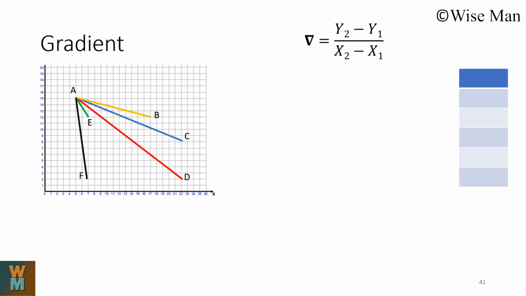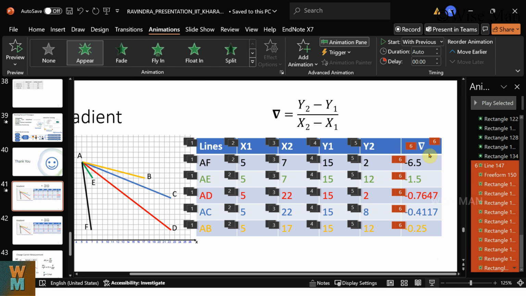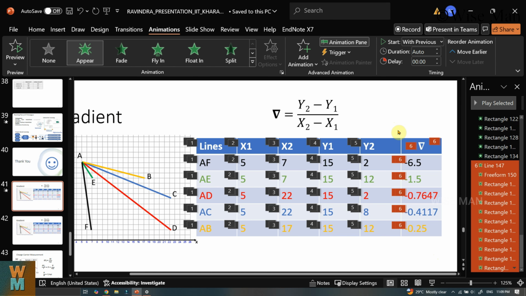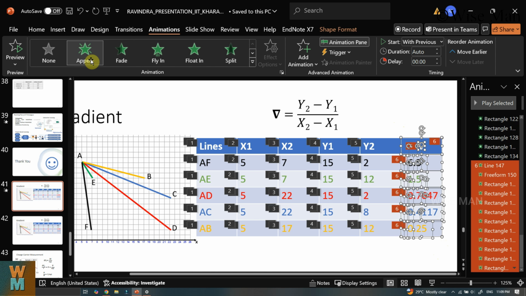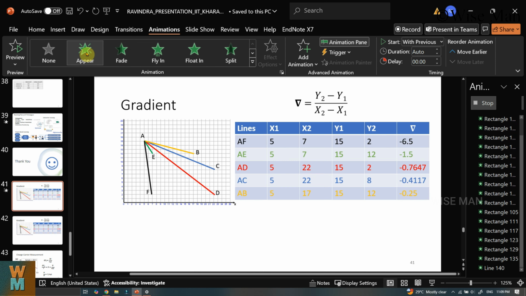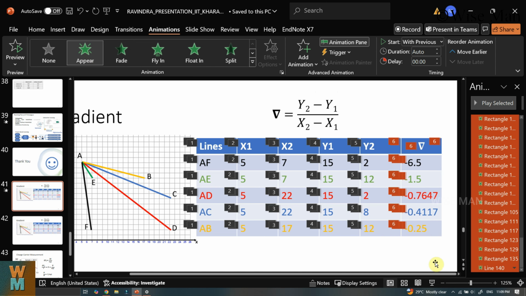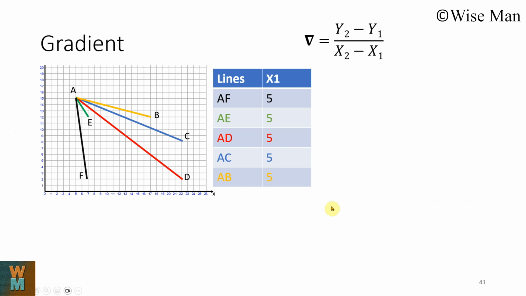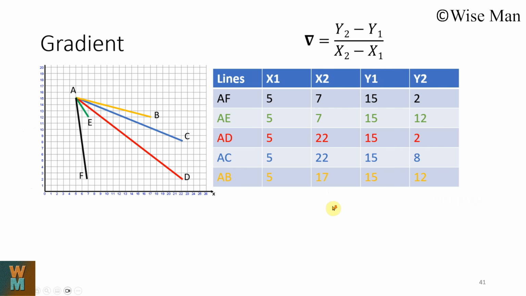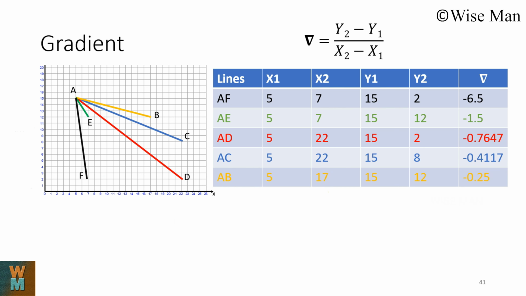Let's see. Okay, now these blocks are remaining again, so I have to drag more precisely. And now let's see: column 1, column 2, column 3, column 4, column 5, column 6.